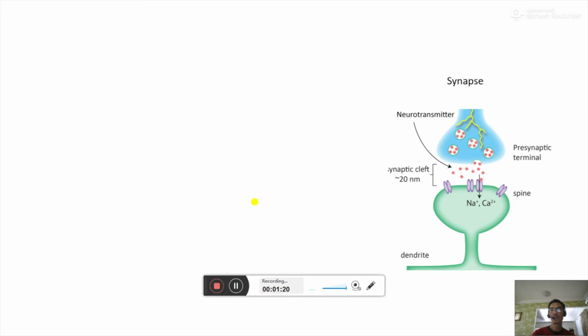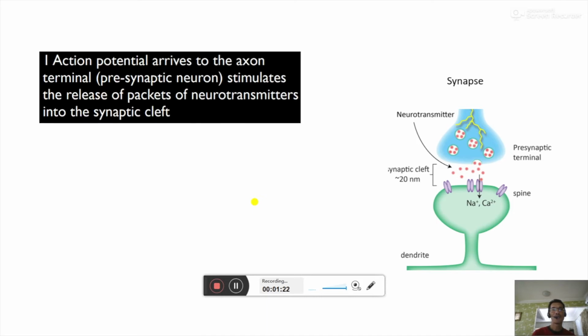So, what is happening in the synapse? The action potential arrives at the axon terminal of the presynaptic neuron. So this is the presynaptic neuron. It stimulates the release of packets of neurotransmitter into the synaptic cleft. This is the synaptic cleft. The yellow one is the electrical signal.